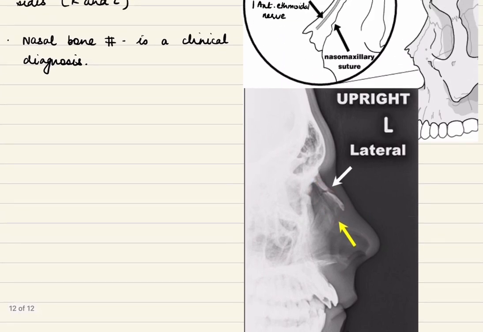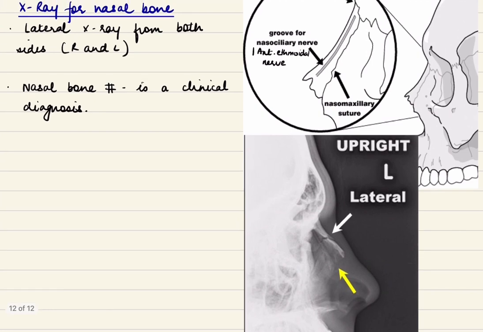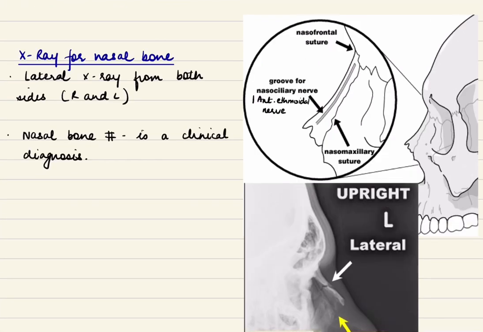Now you should know a few important points about nasal bone fracture. The most important being that nasal bone fracture is a clinical diagnosis. A patient will present with a history of either a road traffic accident or some kind of trauma, be it an assault, and you will see there may be swelling over the nasal area along with tenderness and crepitus of the nasal bone. X-ray just helps to confirm your suspicion.